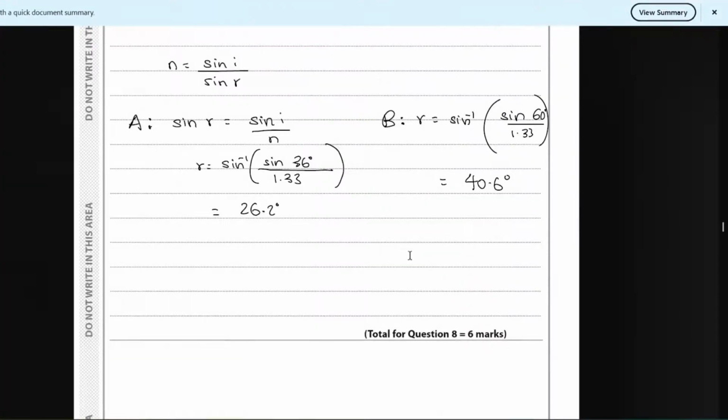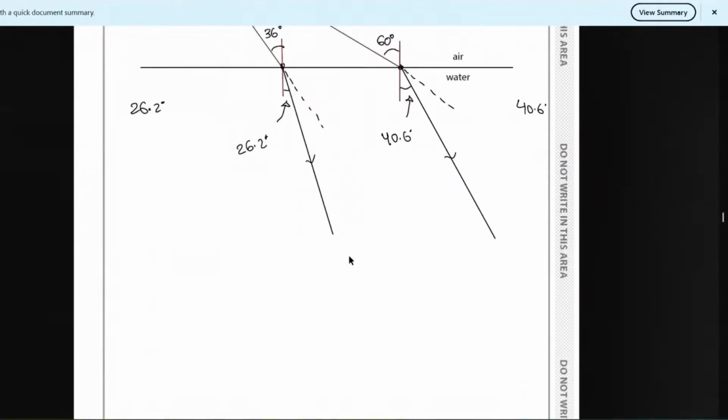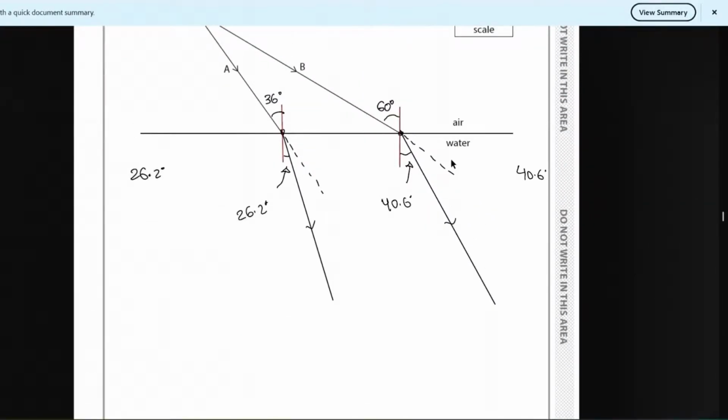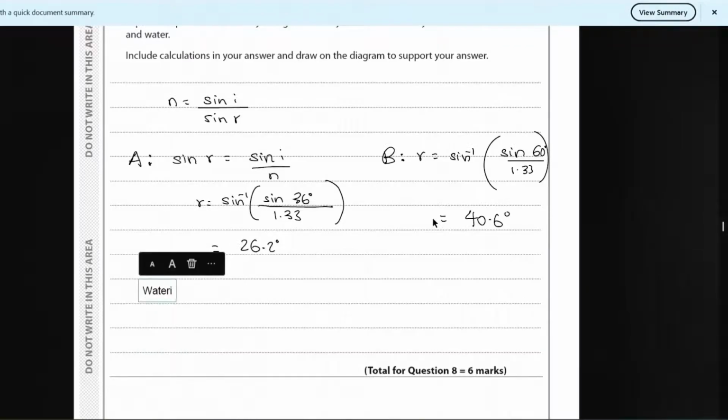We'll be given 6 marks on this. We need to explain why refraction happens, why the ray bends when the rays enter from air to water. So we can say that water has a higher optical density than air.